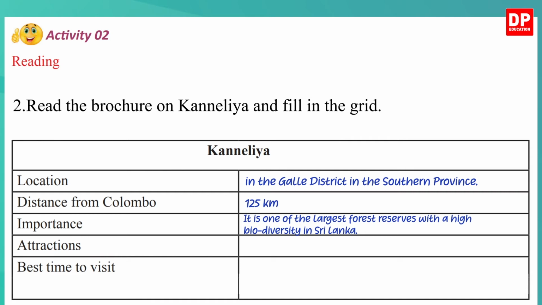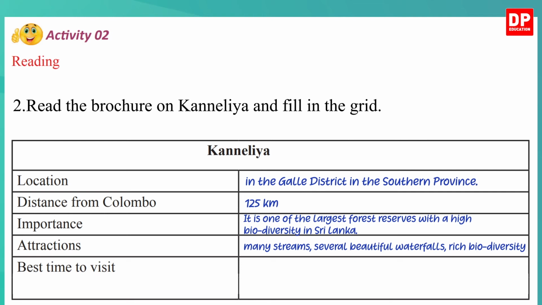Let's look at the fourth one. You have to mention the attractions there. You can list down the following: many streams, several beautiful waterfalls, and rich biodiversity. Now the last one. There you have to state the best time to visit.